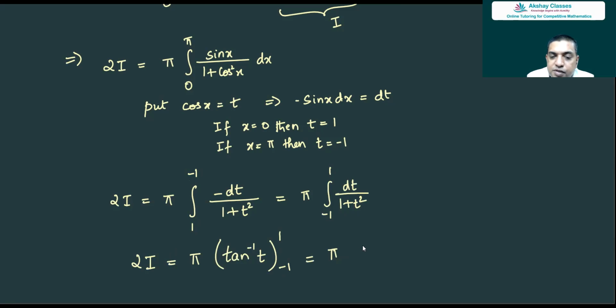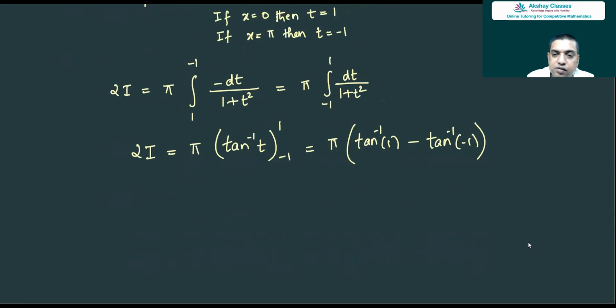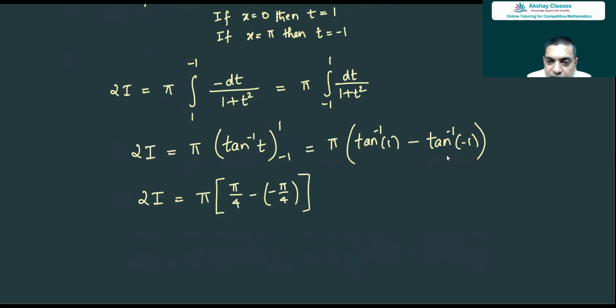So this is pi times tan inverse 1 minus tan inverse minus 1. So 2I is equal to pi times, tan inverse 1 is pi by 4, minus of minus pi by 4. So we get pi times pi by 2, so we get pi square by 2. Therefore, I will be pi square upon 4.